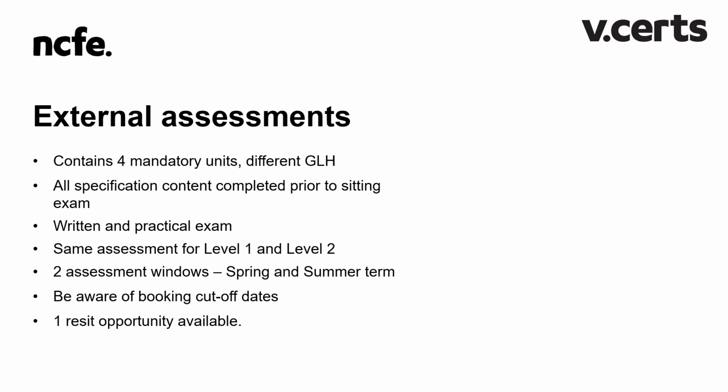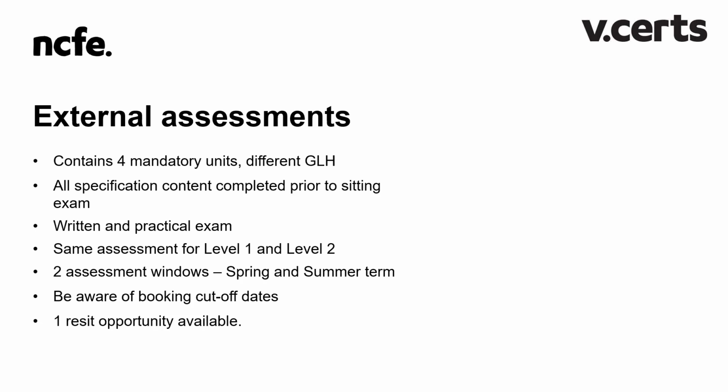The external assessment is the same for Level 1 learners and for Level 2 learners, so they won't be put in for different exams. The exams aren't on a set date, but rather there is an assessment window during which the external assessments are to be completed. There are cut-off dates for booking learners onto that window, and this is usually 2 weeks prior to the start of the assessment window, so as always, do check the exam timetable on QualHub as late registration fees can be incurred.